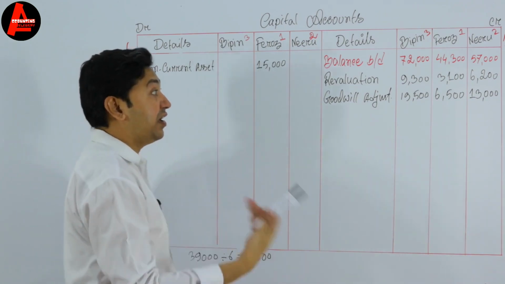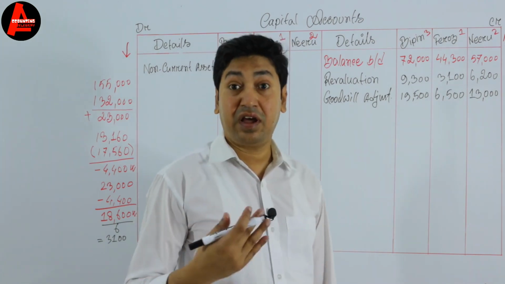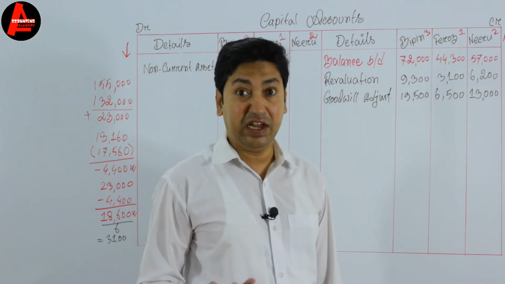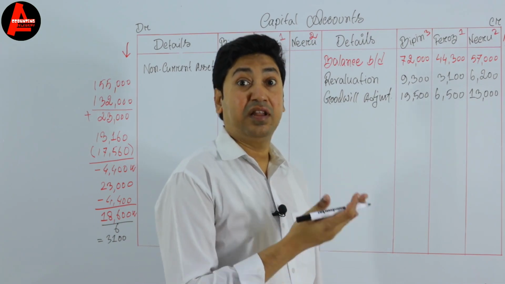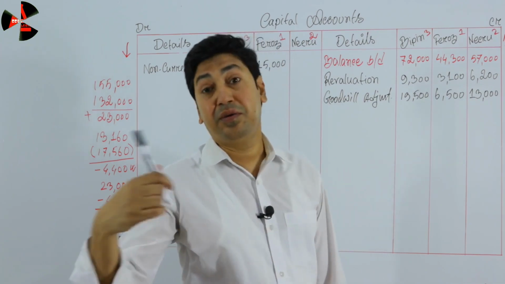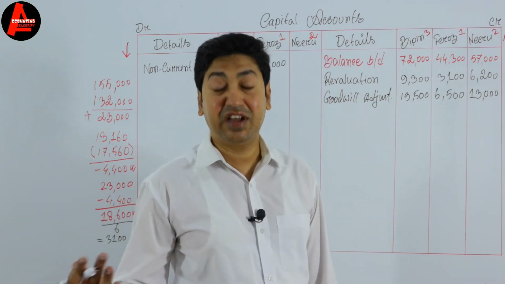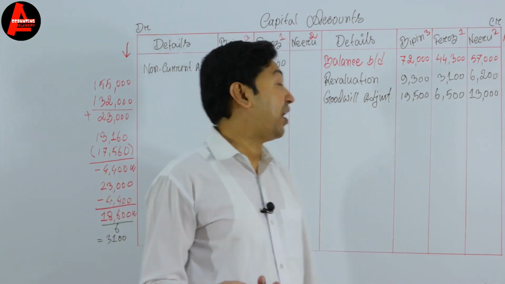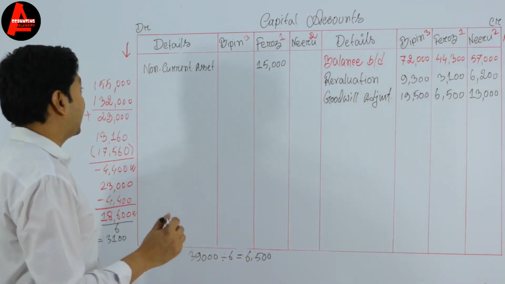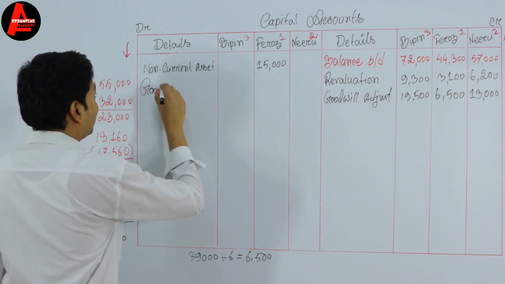So the $39,000 will now be distributed to Bipin and Niro. From the capital this amount will go to the partners' accounts, meaning Niro and Bipin's accounts. Here capital will be decreased, so we will write this amount on the debit side. So let us write here goodwill adjustment.